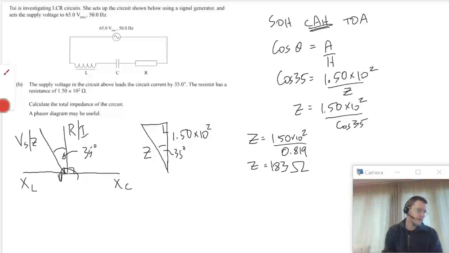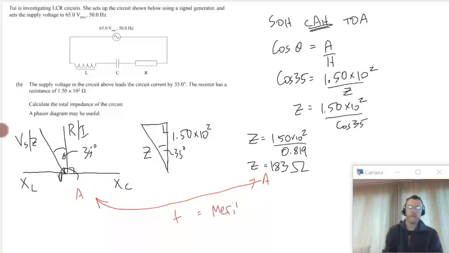Alright, and we have an achieved point for a labeled diagram, an achieved point for a correct answer, and if you get them both, you get a merit point.